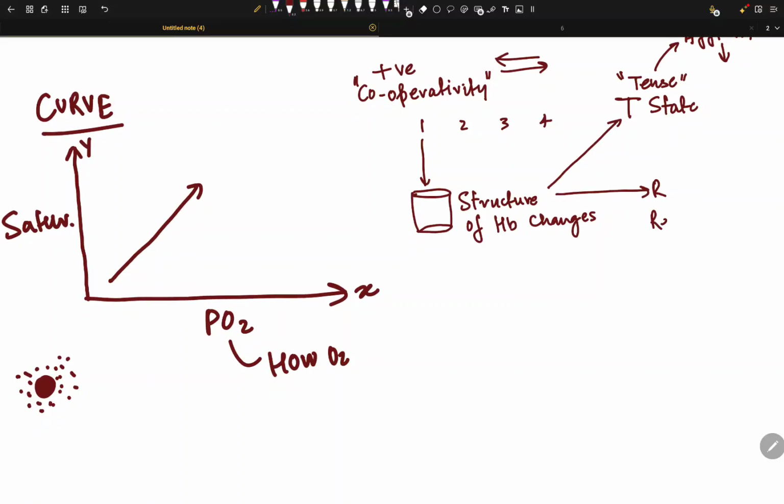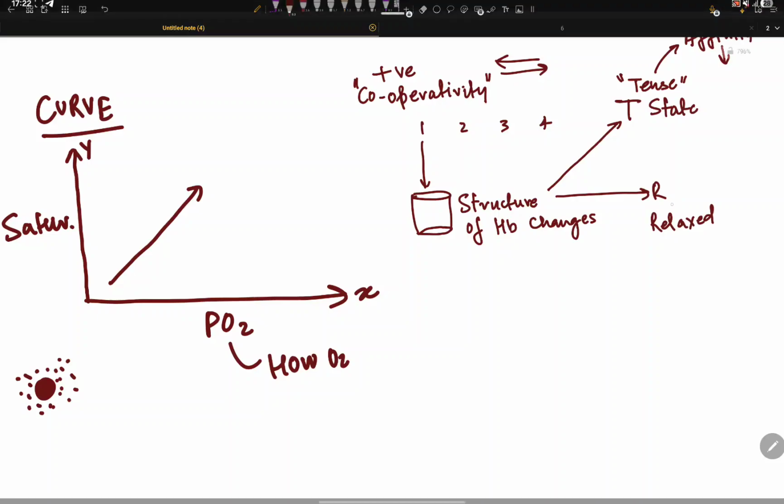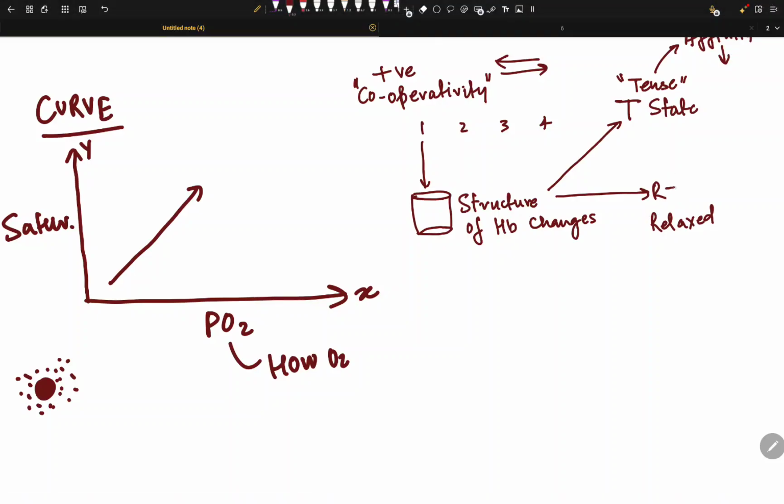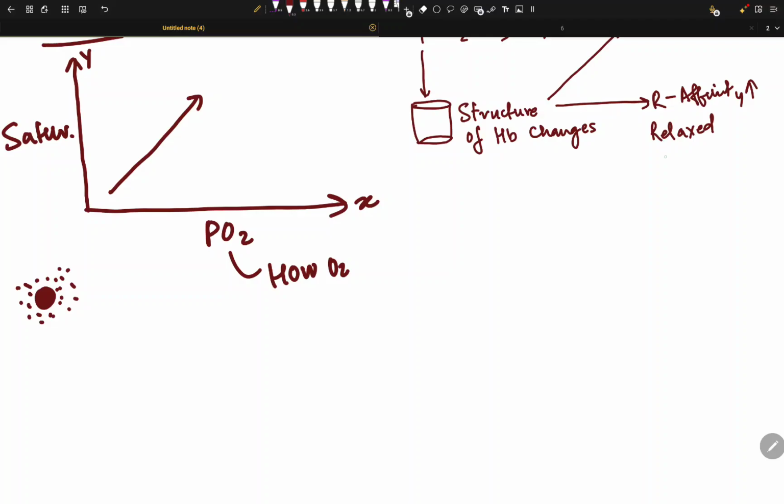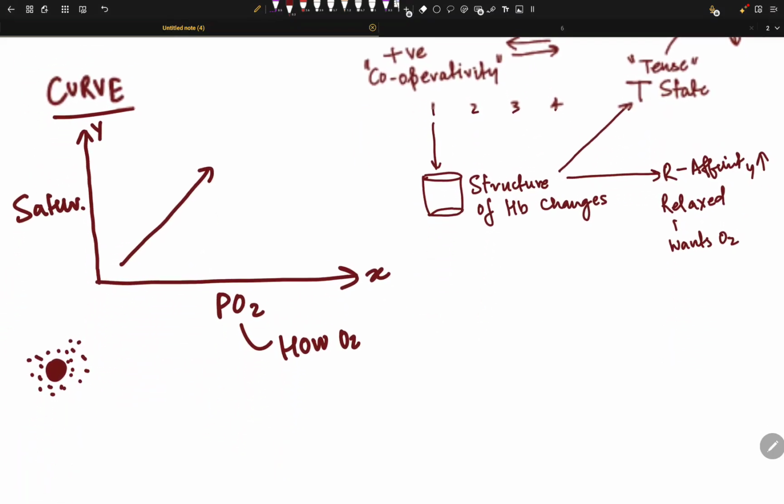It's relaxed. So what's the affinity here? Affinity is high here. It wants to bind. It wants O2. So these are 2 different states of hemoglobin.